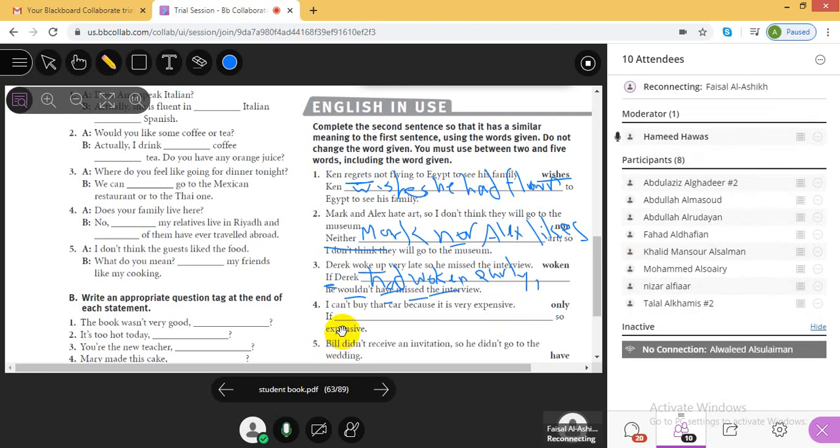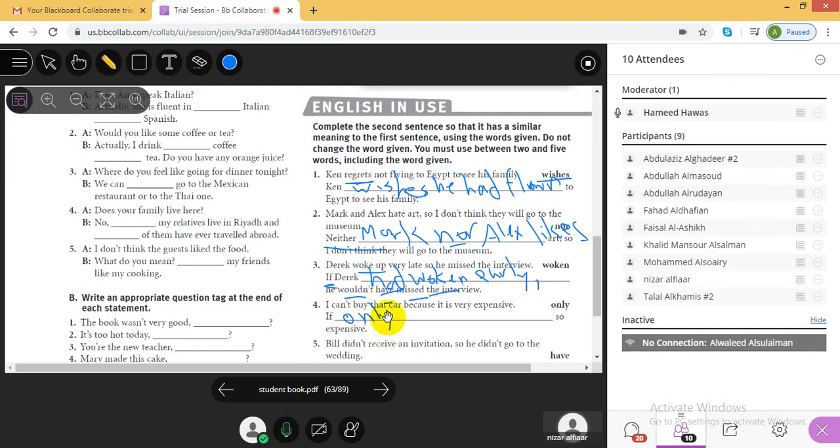So you want a different situation from now. If only, what do I use after if only? Past simple or past perfect? After if only, past simple or past perfect? For sure I will use past simple because it's a different situation from now.